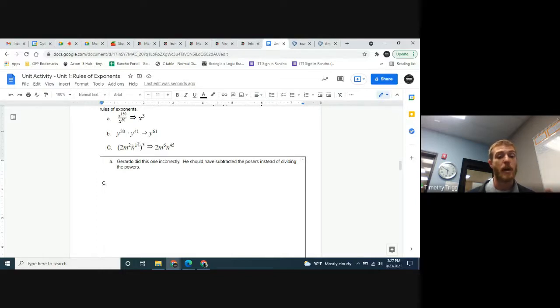And then n to the power of 45. Again, n to the 15th to the power of 3. You power to a power, you multiply those. So you should have m to the 6th, n to the 45th, but this 2 also should get to the third power. But you can see in his answer, he didn't do that, right? He forgot to do the 2 to the power of 3 here, okay? But the m and n are both correct.